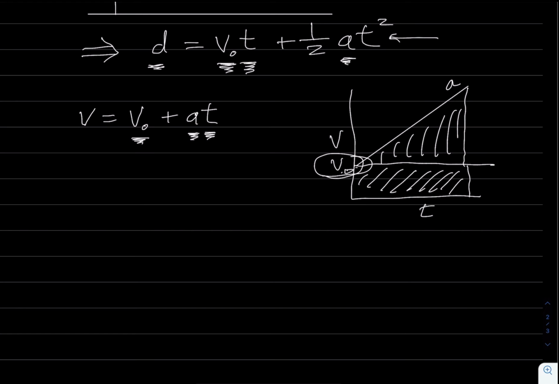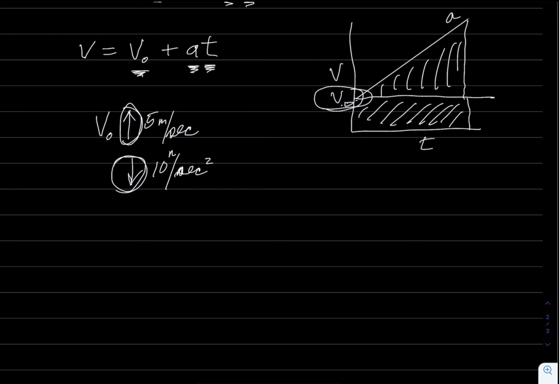So if we say that v sub naught is positive in the upward direction, let's say it's 5 meters per second, okay, then we have to say that gravity is downward at 10 meters per second squared, because the pull of gravity is going to be opposite of the initial speed of the ball.